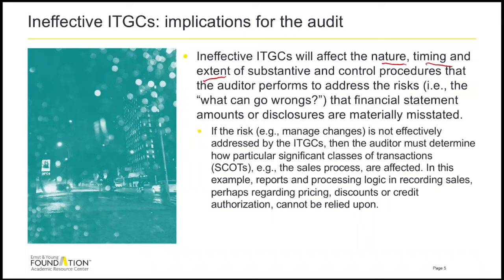If the risk, for example, unauthorized changes, is not effectively addressed by the ITGCs, then the auditor must determine how particular significant classes of transactions or accounts, for example, sales process, are affected. In this example, reports and processing logic in reporting sales, perhaps regarding pricing, discount, or credit authorization, cannot be relied upon.